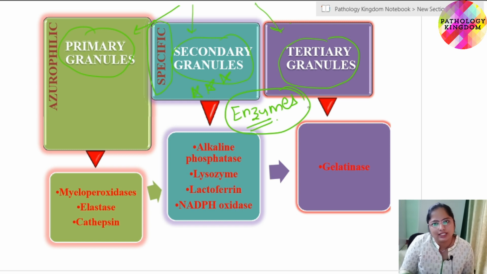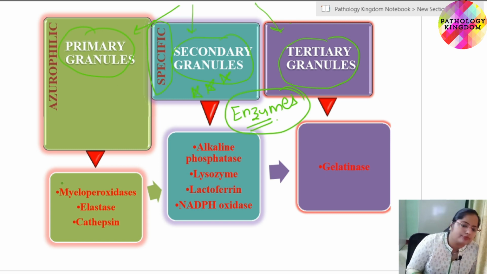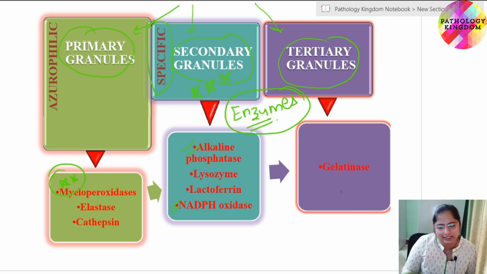Tertiary granules will contain gelatinase. So in primary granules, myeloperoxidase is very important, and in secondary granules, alkaline phosphatase and NADPH oxidase. These are the two important enzymes. In tertiary granule, it contains gelatinase.